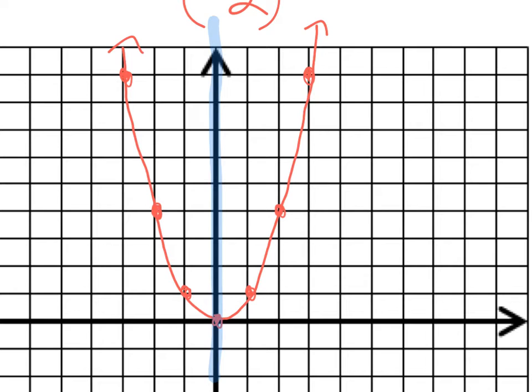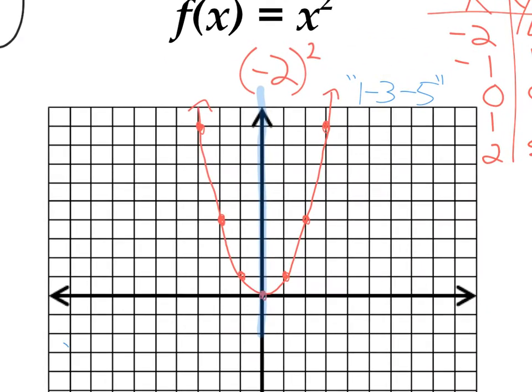By no means is this an official math theorem, but I call this the 1, 3, 5 pattern. So if I have a vertex for a parabola, and I just want to graph extra points, assuming it hasn't been stretched, I just go up 1 over 1, up 3 over 1, up 5 over 1. If we had more graph, I could go up 7 over 1, and that pattern would just continue.